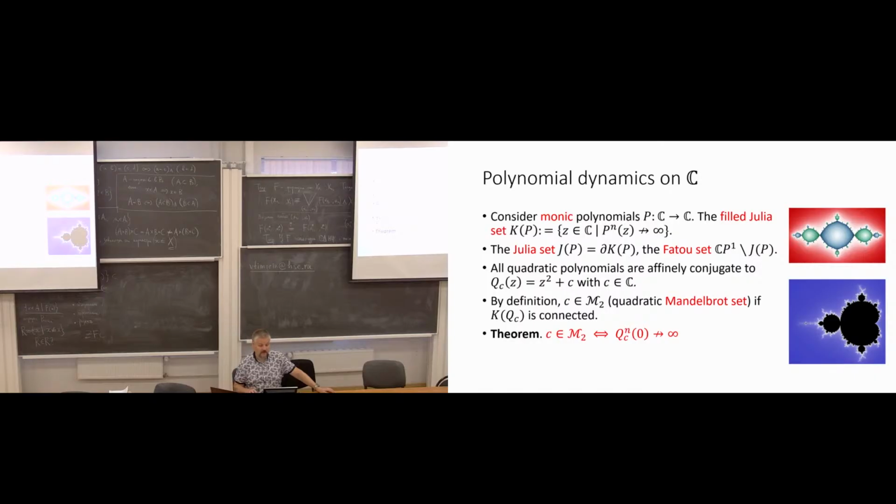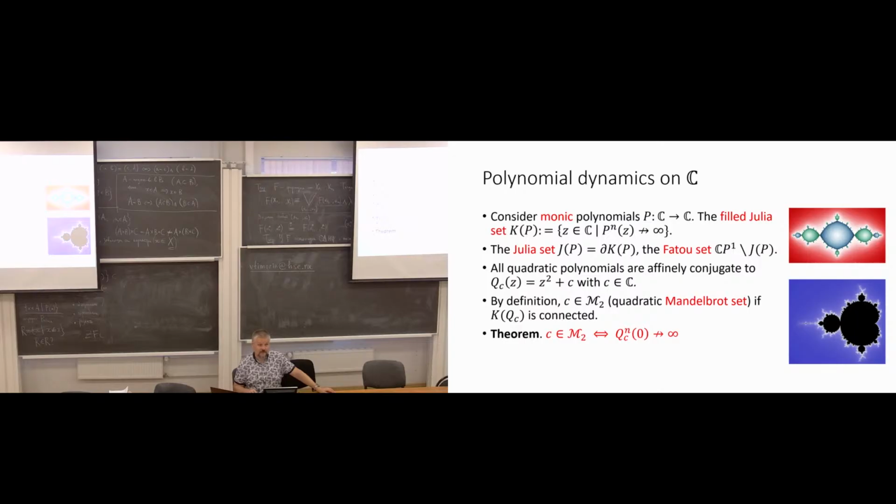And given a monic complex polynomial, you can define the filled Julia set as the set of all points whose orbits do not escape to infinity. That's the same as saying that the orbits are bounded, because if a point escaped far enough, there is no way it can go back.